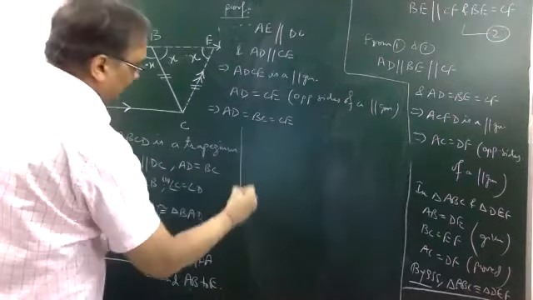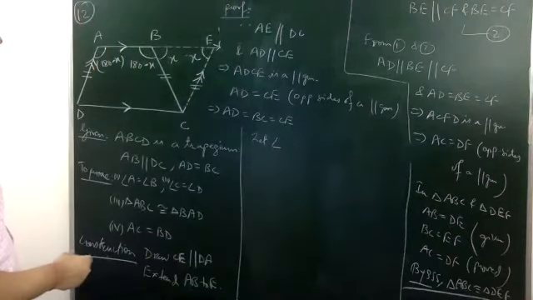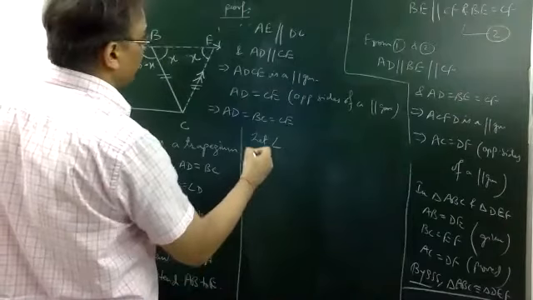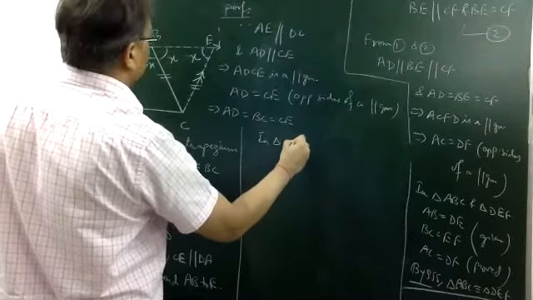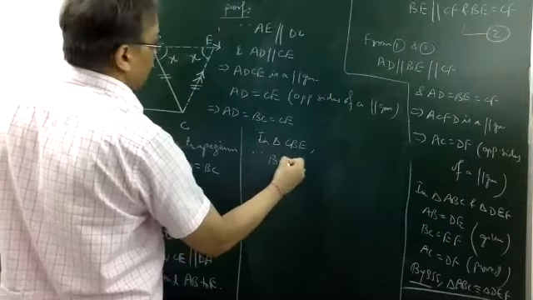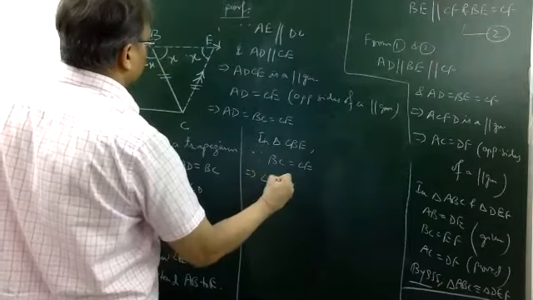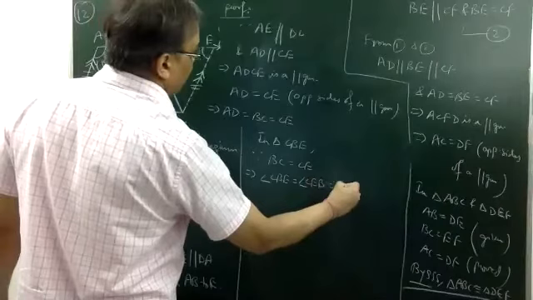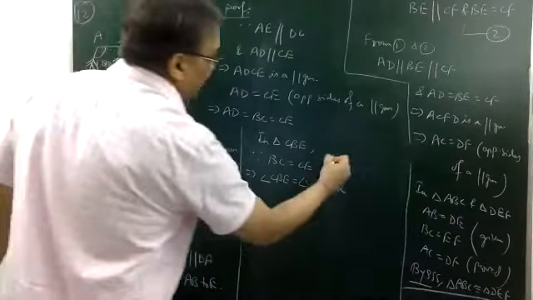So you can write, let angle in triangle CBE, since BC is equal to CE, this implies angle CBE is equal to CEB is equal to X. Isosceles triangle.